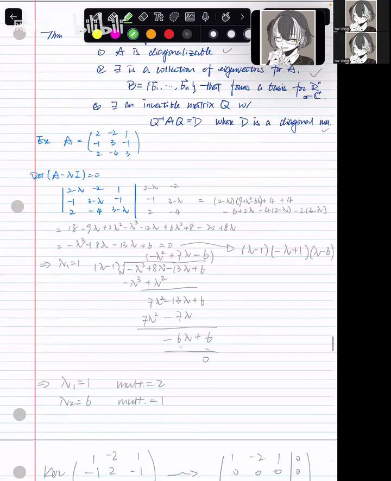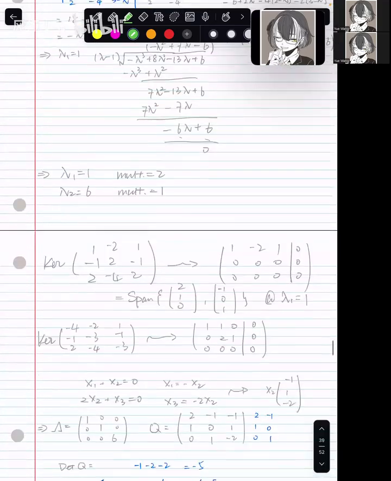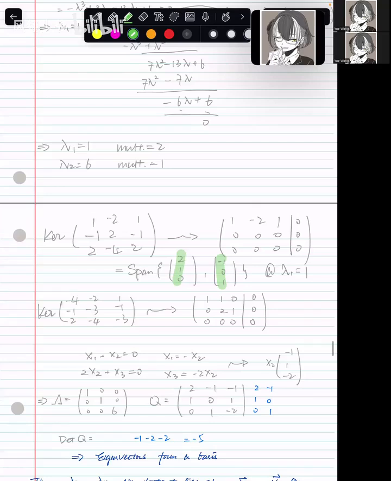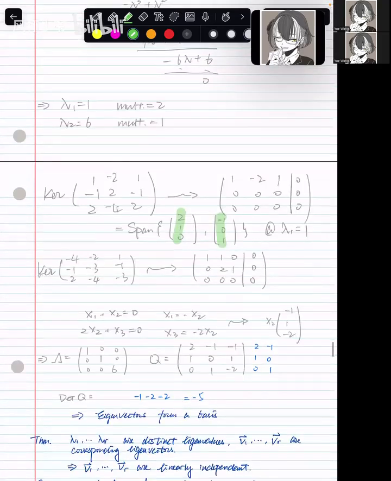Okay. And now we calculate the kernel. We find the kernel and we calculate the eigenvectors. So when lambda 1 equals 1, we have 2 eigenvectors. And when lambda 2 equals 6, we have just 1 eigenvector.